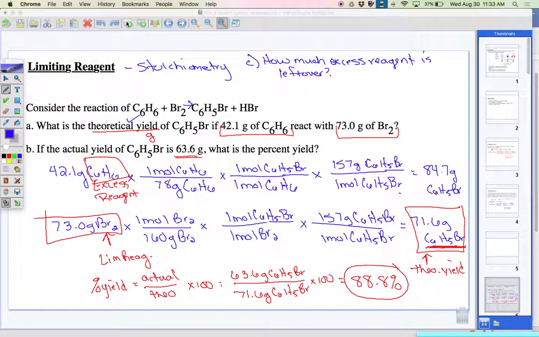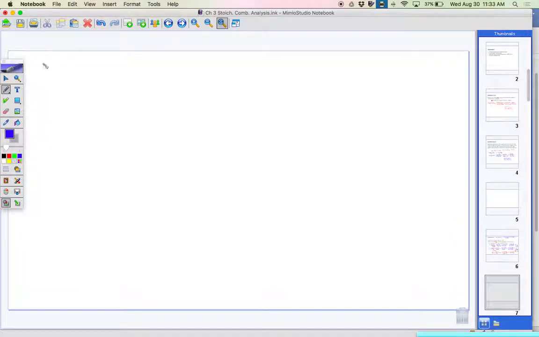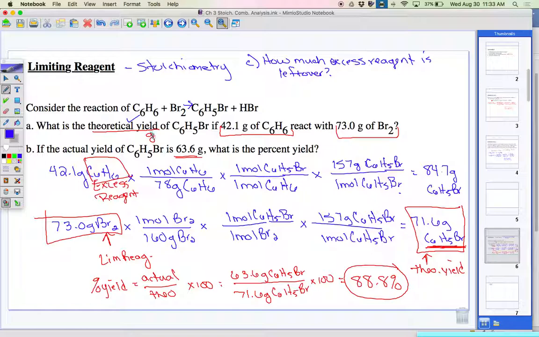So I start with the limiting reagent, and I'm going to do a stoichiometry problem. You start with the 73. I'm going to start with the limiting reagent, and then my question basically is how much C6H6 reacted with that 73 grams of Br2.